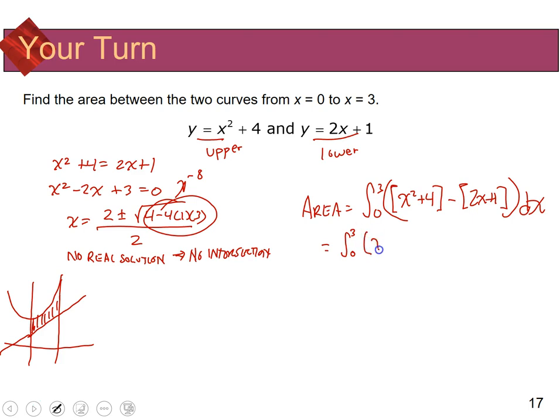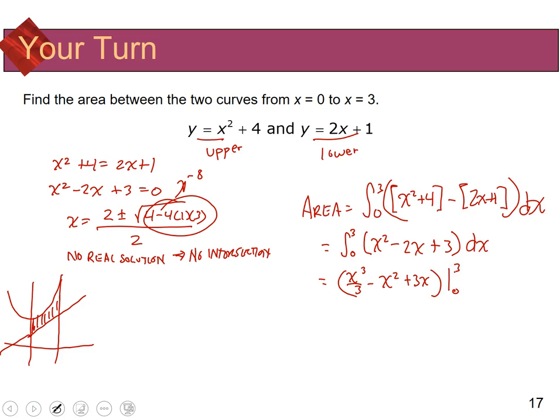So I'm going to have x squared minus 2x plus 4 minus 1, which is plus 3, dx. Now when I integrate, I'm going to have x cubed over 3 minus x squared plus 3x, evaluated from 0 to 3.